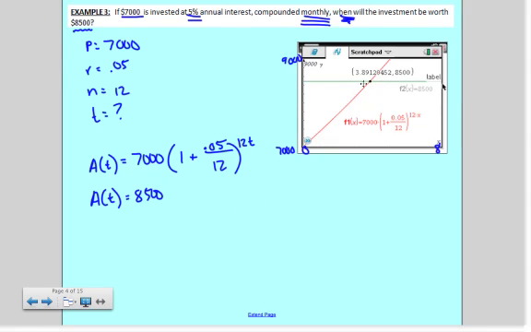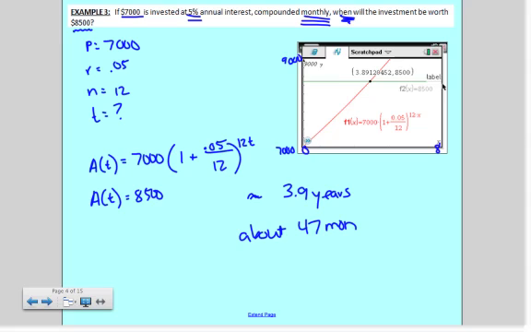So what I did was I pressed menu, analyze graph, intersection, and this is the point that I got. Since x is the independent variable and time is what we would look at, the time that it takes to get $8,500 is approximately 3.9 years, which month-wise is about 47 months.